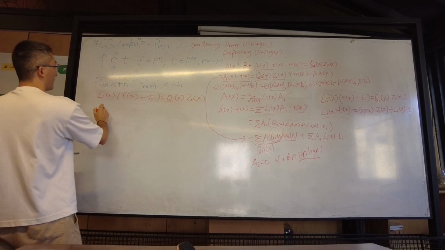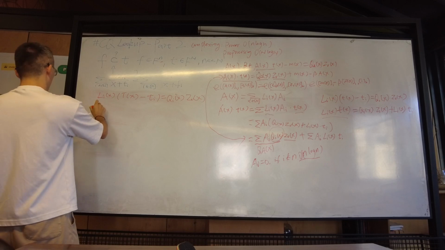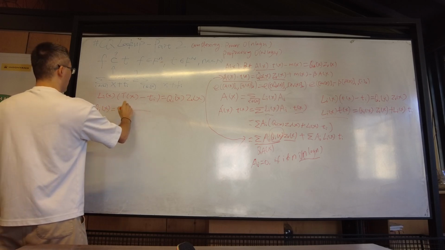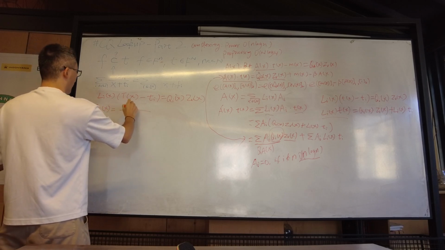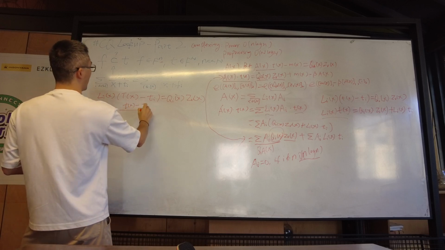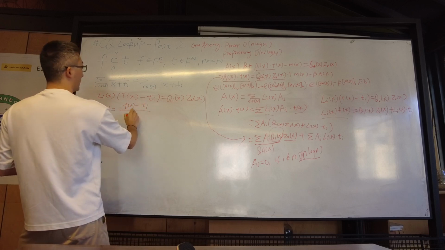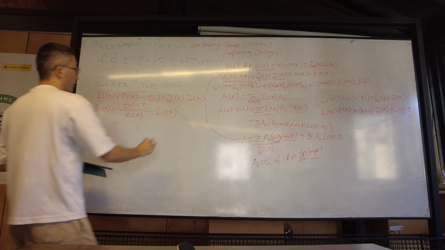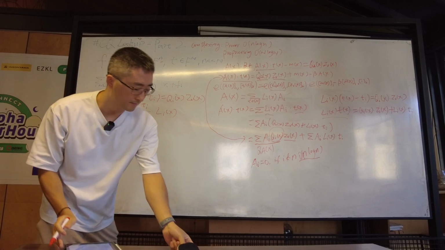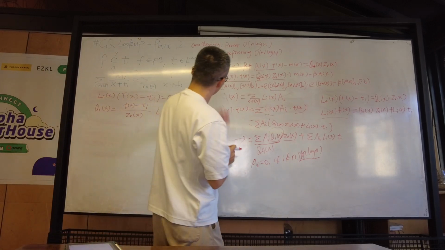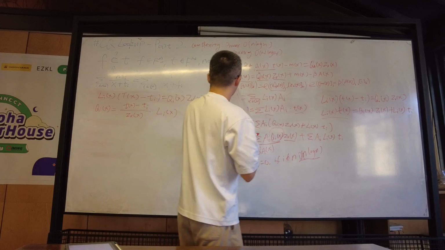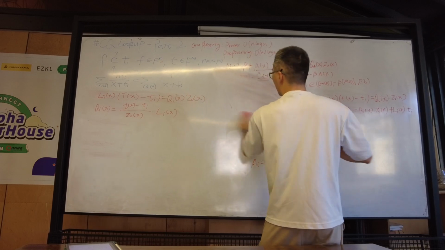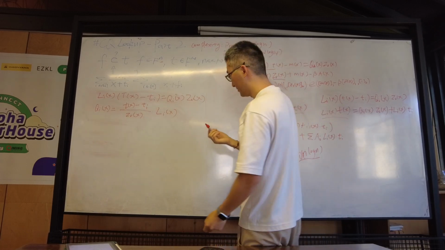So Qi(x) will equal (Tx minus Ti) divided by Zv(x) times Li(x).